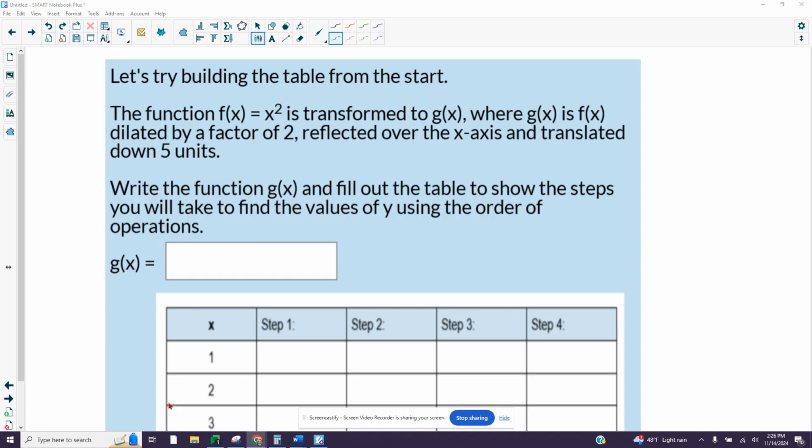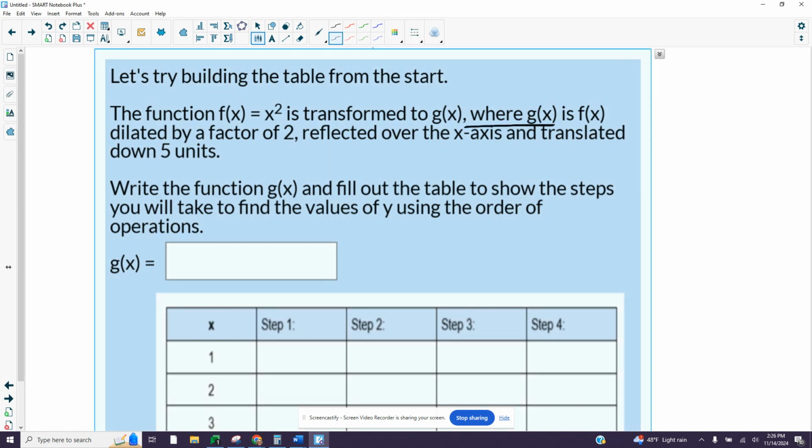All right, so we're going to start off with doing all of this. We're going to do g of x here is dilated by a factor of 2. So f of x is dilated by a factor of 2, so we're multiplying everything by 2. Then it's reflected over the x-axis.